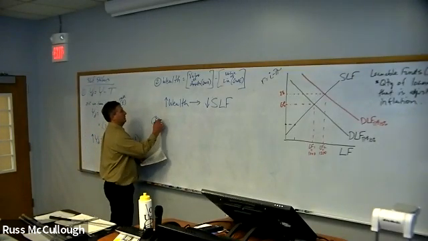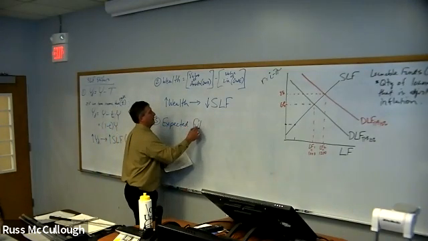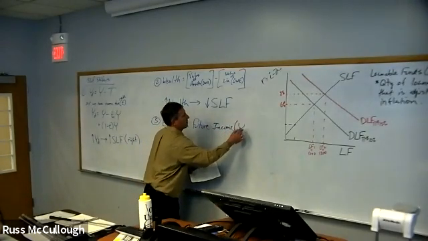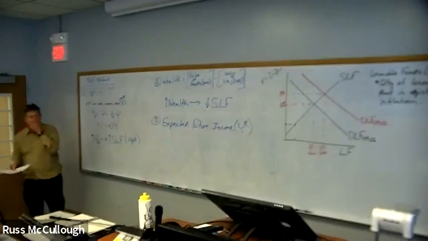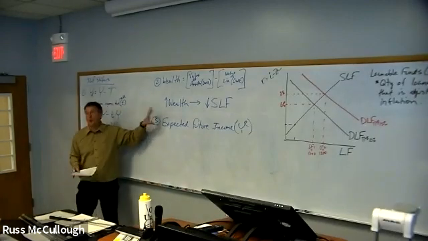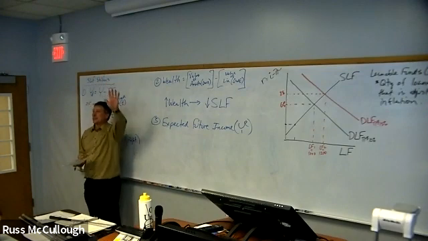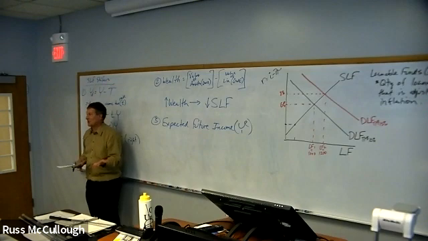And then the last one is expected future income. You guys are likely doing this now. Are you expecting to make more money once you're done with college compared to what you're making now? Yes. How many of you are expecting that? Okay, so what did that do to your savings today? Are you increasing your savings or decreasing your savings because of that reason? Decreasing, right? It's like, oh, I'll make more money tomorrow.